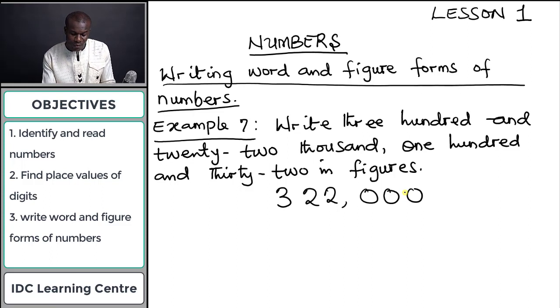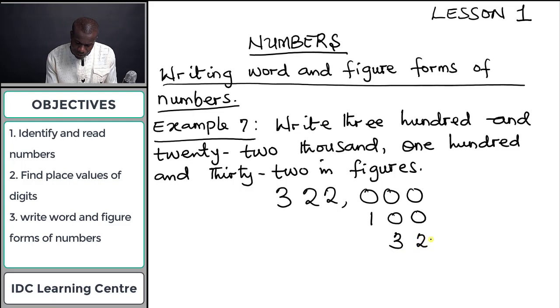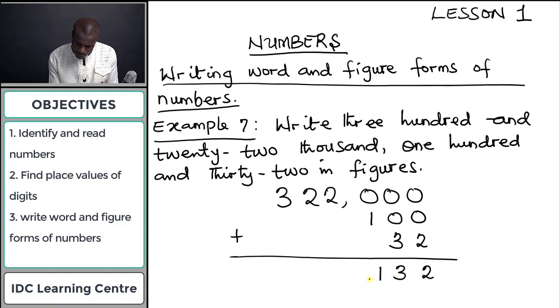You write 100. So you write 100 underneath, and then the next instruction says write 32. You write 32 underneath, and then you add them up. Bring down your 2, your 3, your 1, comma, 2, 2, 3.